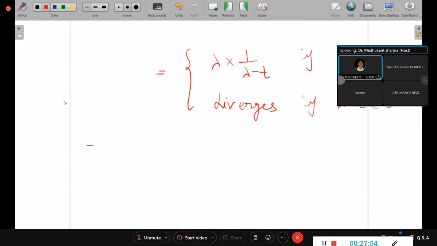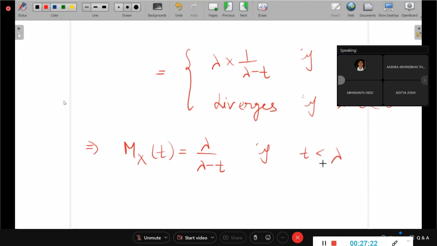So M_X(t) equals lambda divided by lambda minus t if t is less than lambda, and otherwise does not exist if t is greater than or equal to lambda.